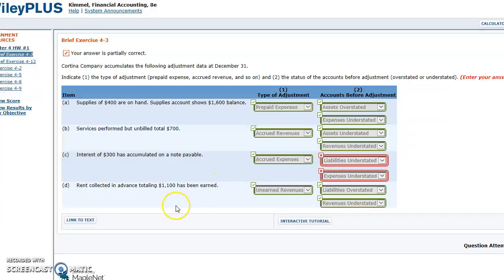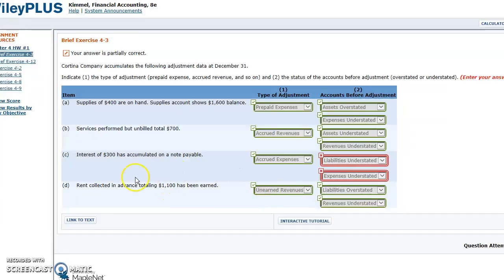And the last one is when cash collected in advance totaling 1,100 has been earned. So this is a reward collected in advance for $1,100. For this one, this is an unearned revenue.